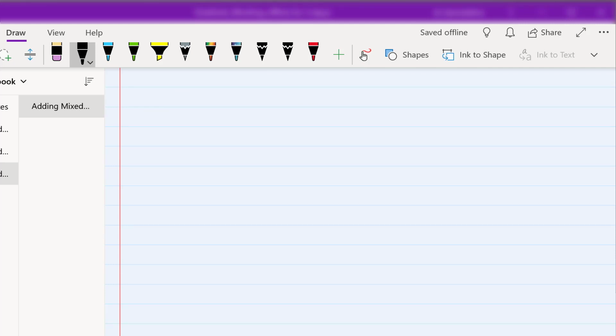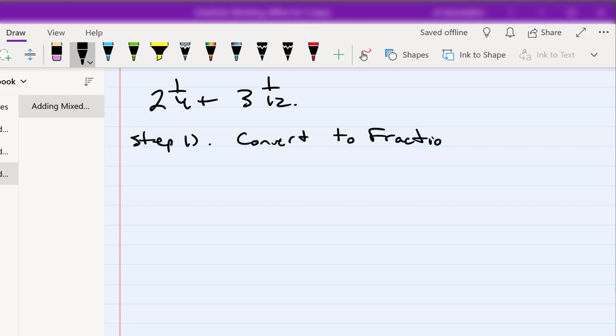Suppose I wanted to add 2 and 1/4 plus 3 and 1/12. Well, these have different denominators. So the first thing we need to do, step 1, is convert both of our mixed numbers into fractions. So 2 and 1/4 is, remember, we write the denominator 4, we write our numerator 1, and then we multiply our denominator by our whole number to get 8.